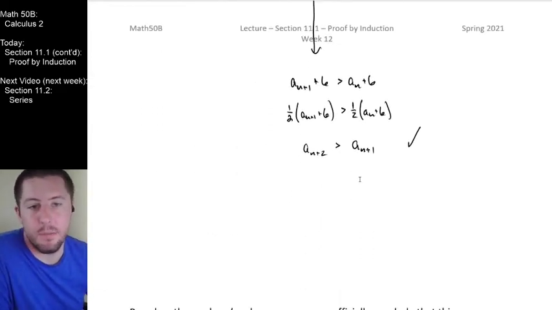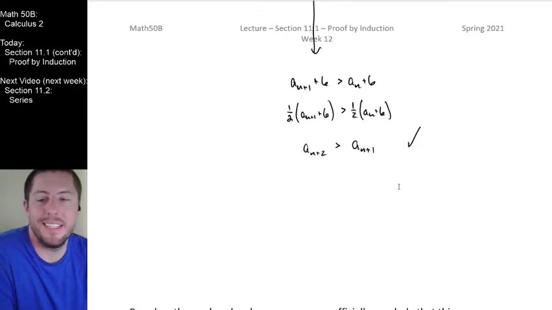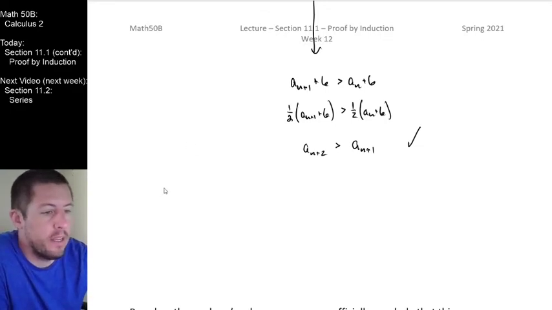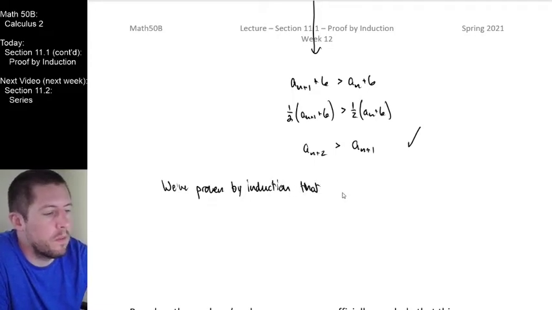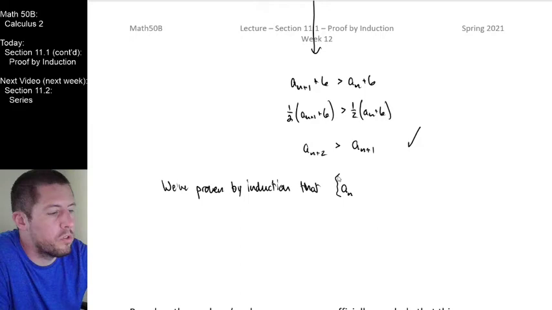So that's why this has proven that this is increasing for all integers n. So we've proven by induction that the sequence a sub n is strictly increasing.